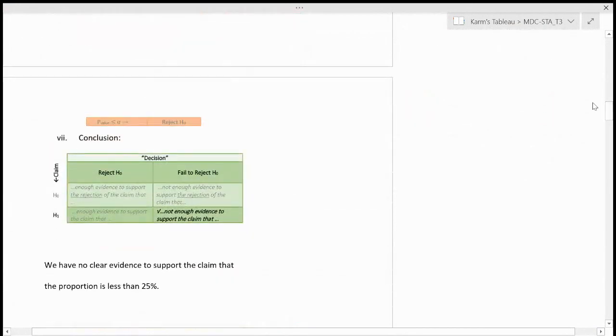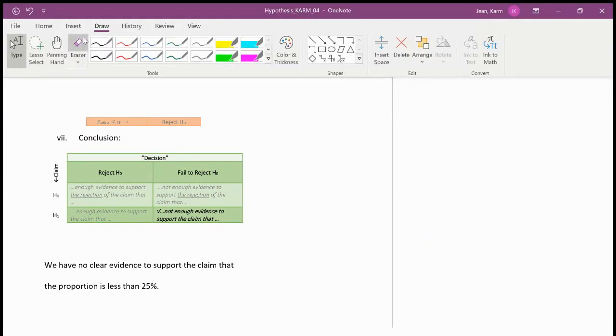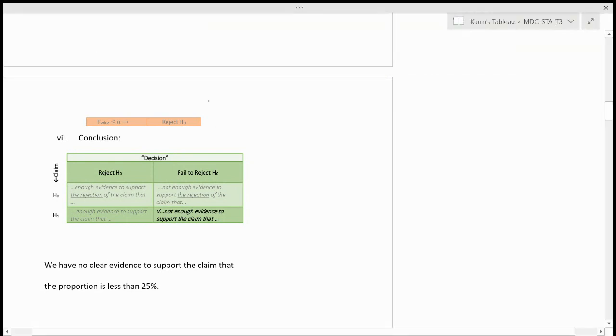So the claim was with H1, and then we failed to reject H0. Therefore, that will be your conclusion: not enough evidence to support the claim.